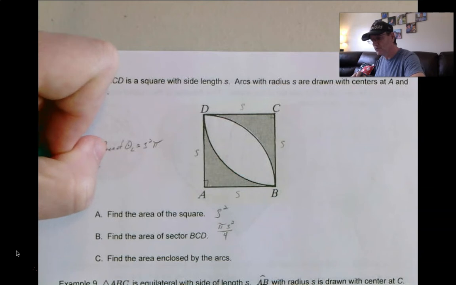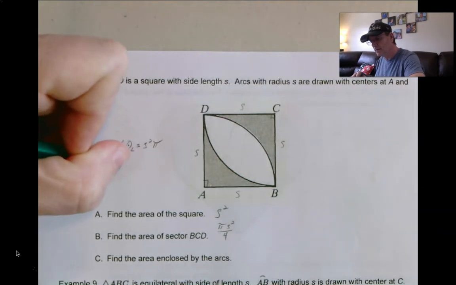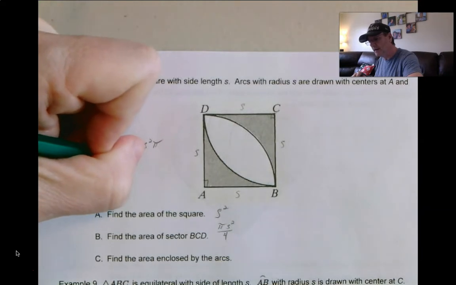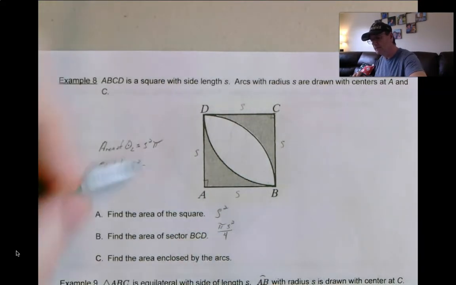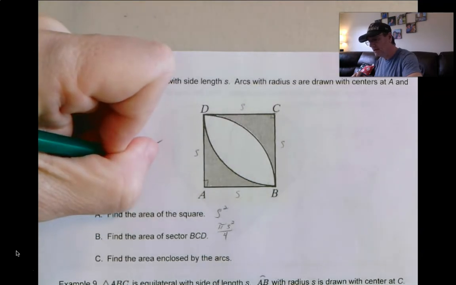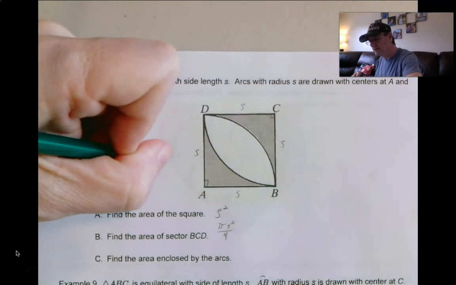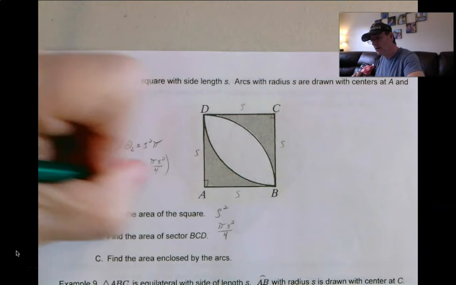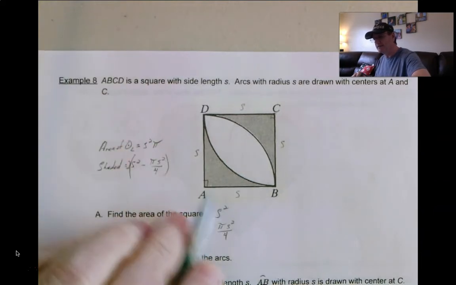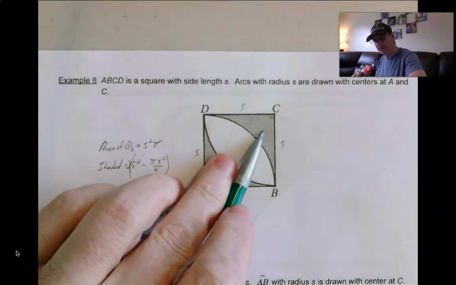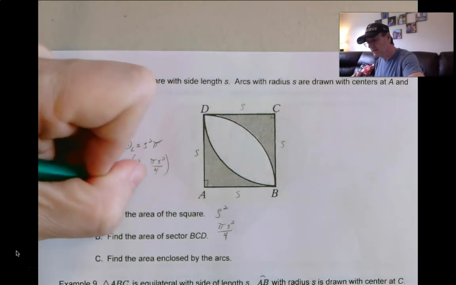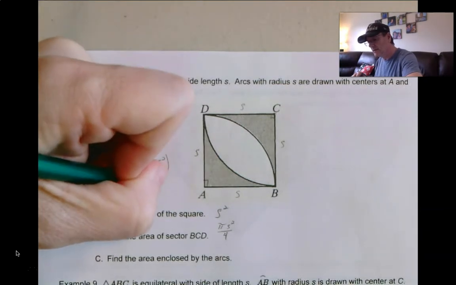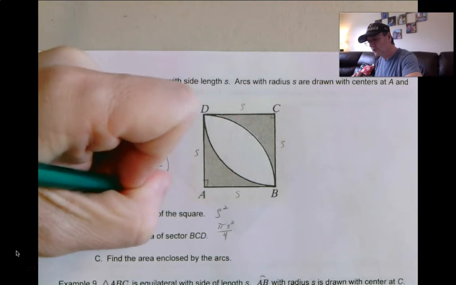Okay, so the shaded region is equal to S squared minus pi S squared over 4. And I have to double that because that's this one and this one. Okay, so we have 2S squared minus pi S squared over 2.